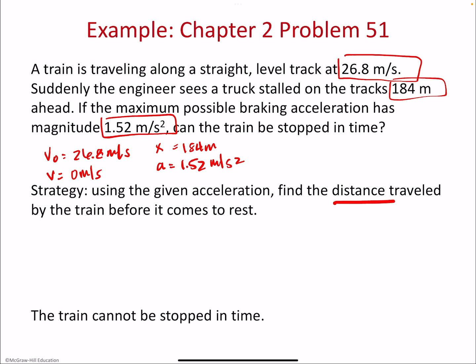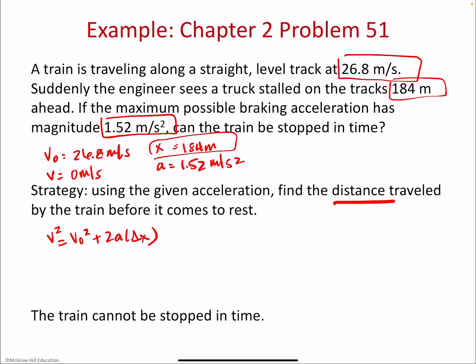Okay, so with the info that we have right now, do we have an equation that has final and initial velocity, acceleration, no time? The fifth one, right? Which looks like this: v squared equals v naught squared plus 2a delta x. We're going to try to solve for x and see if it's either greater than or less than the x that's given.